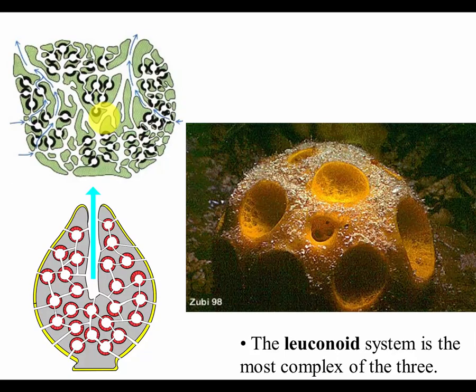The next complexification, if you will, among the sponges is the leuconoid system. In the leuconoid system, instead of having this big open space in the middle of the sponge, mostly what you have are just these canals that we saw first in the cycanoid system.